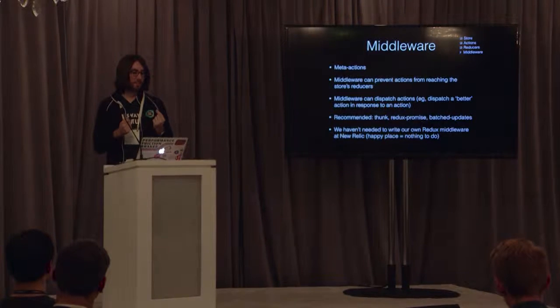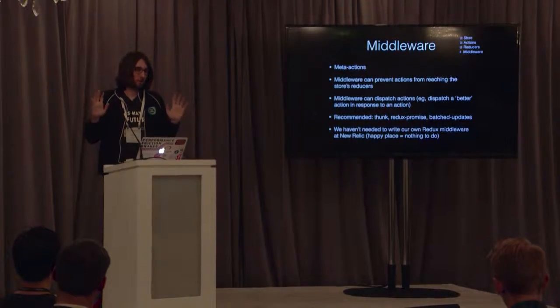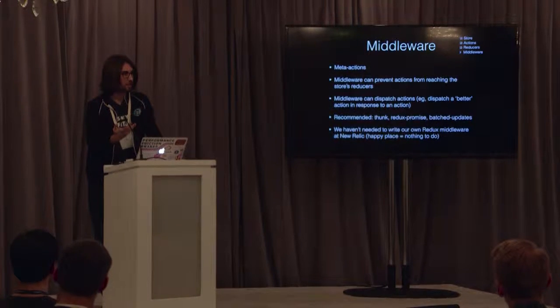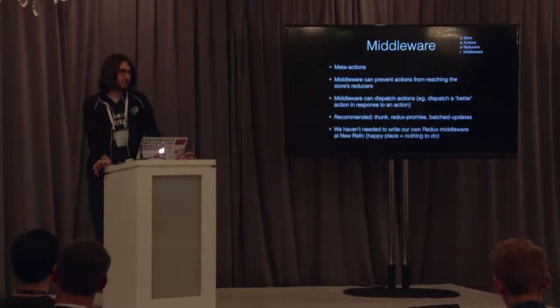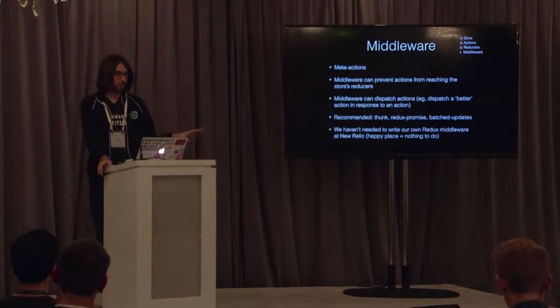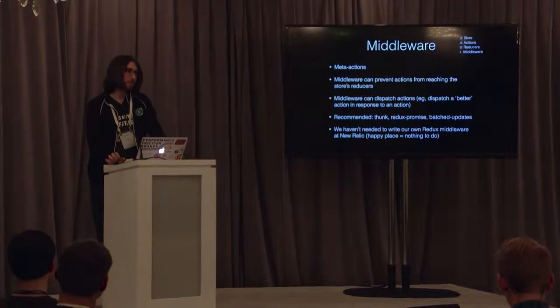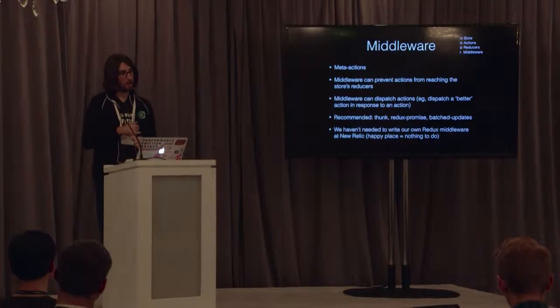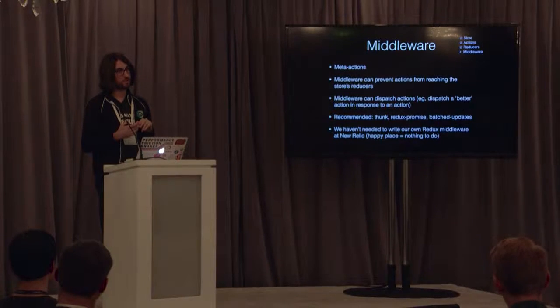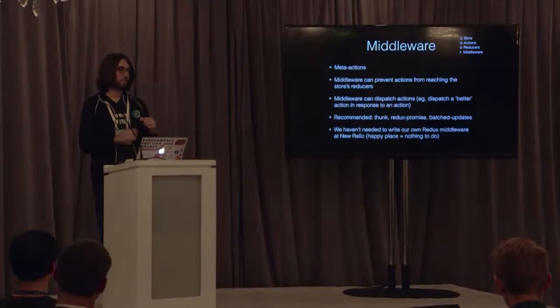But I think the great thing about Redux middleware is you don't have to understand that, because we haven't written any middleware, and I don't think that we will, because there's some existing middleware that handles a lot of the concerns that you would have, and it's very well tested and works great. So you don't have to go to that level if you don't want to. And those pieces of middleware that I mentioned are Thunk, Redux Promise, and so React has this idea of batching updates.